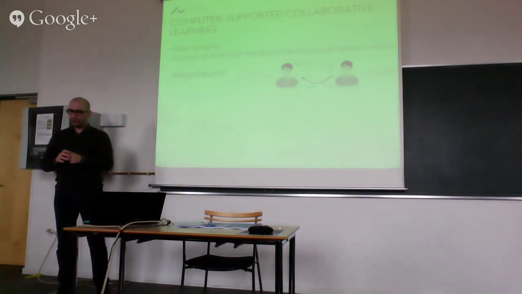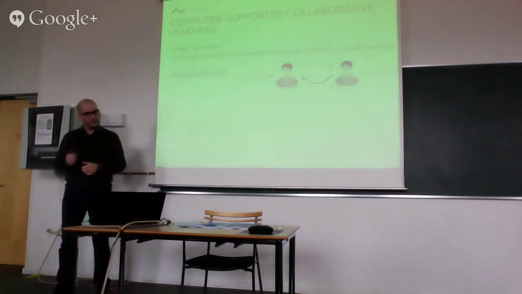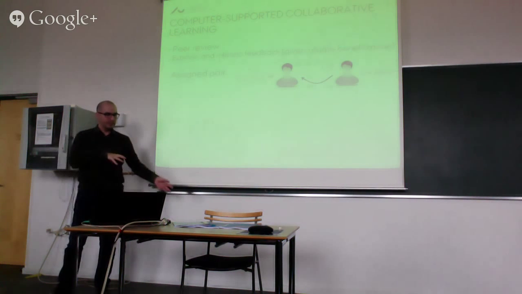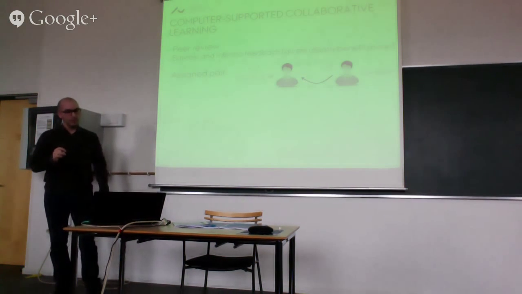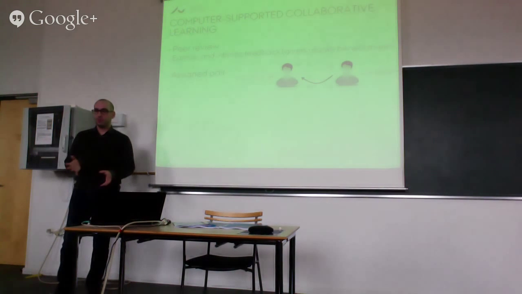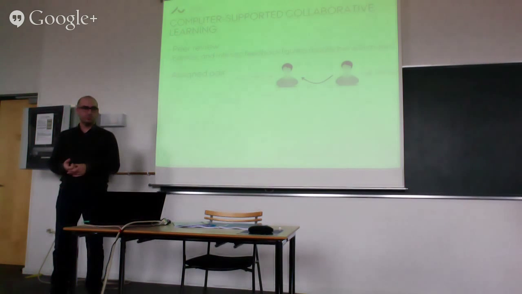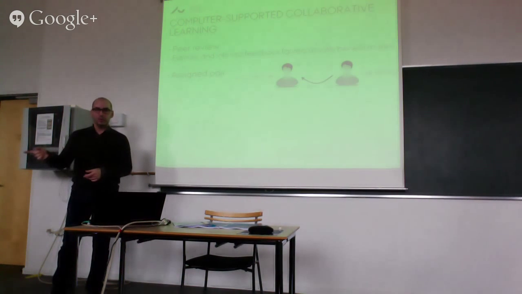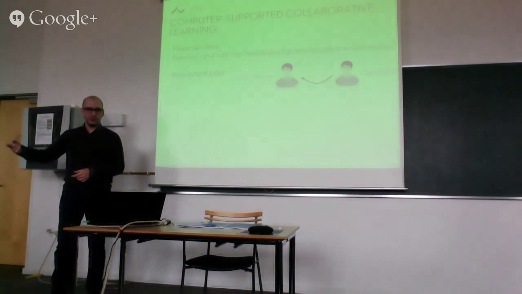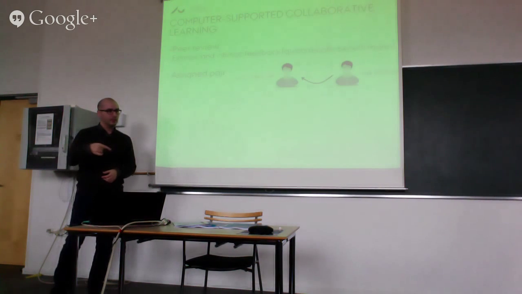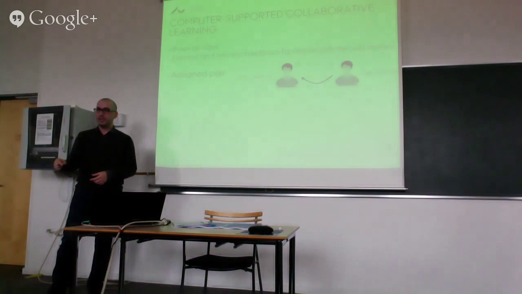So one of the protocols that we have developed, I mean, my team in Greece, and this is what we're working on. We have the assigned pair protocol. The assigned pair protocol is the typical protocol that you're mostly familiar with. You just review just one other person. I think we agree that this is going to happen today.